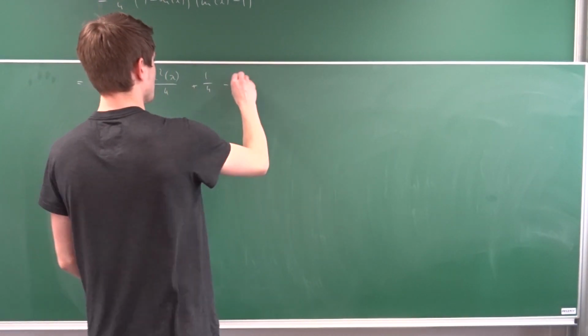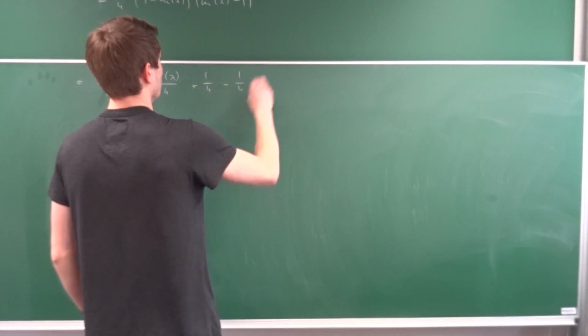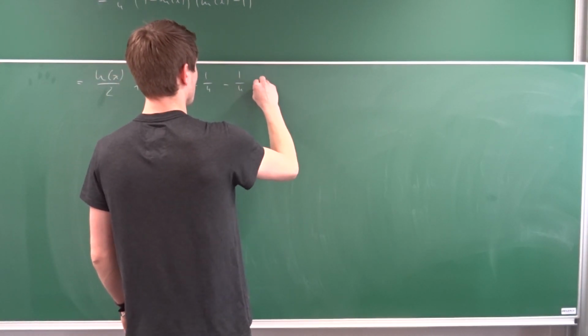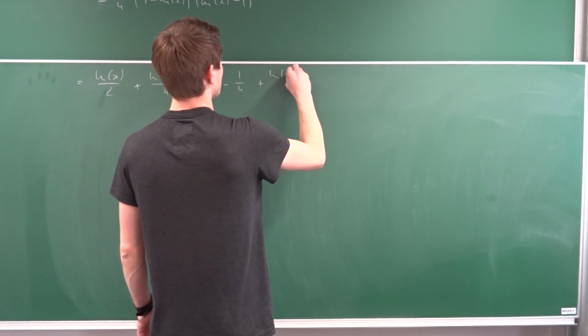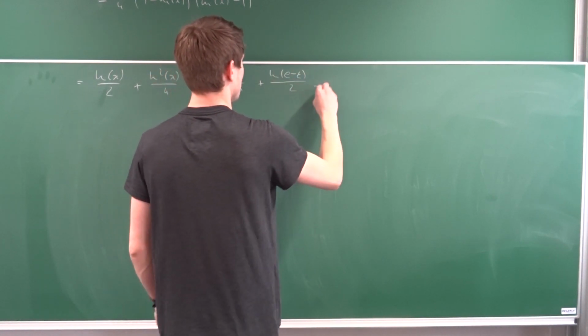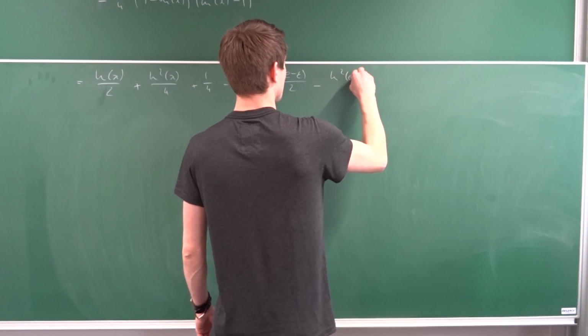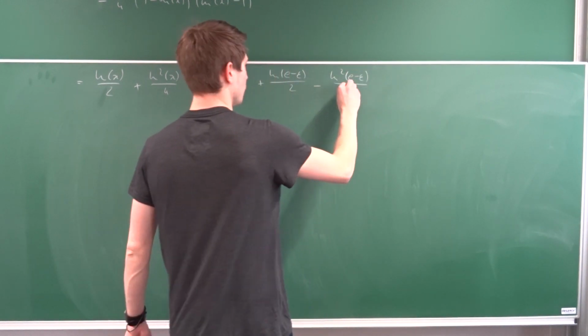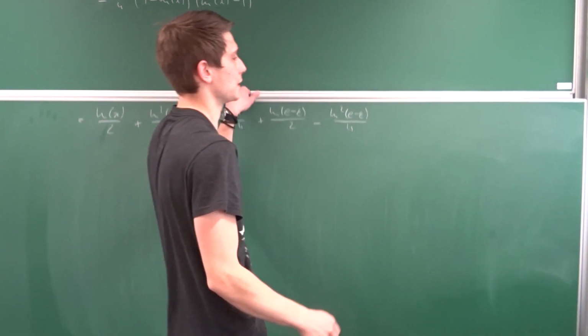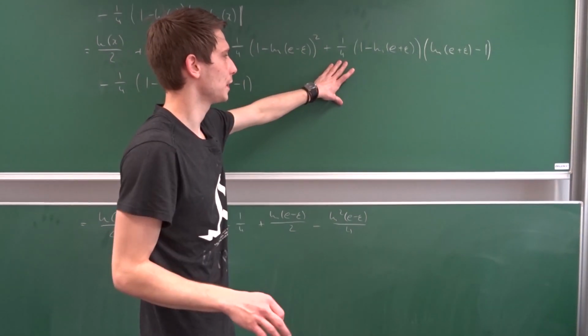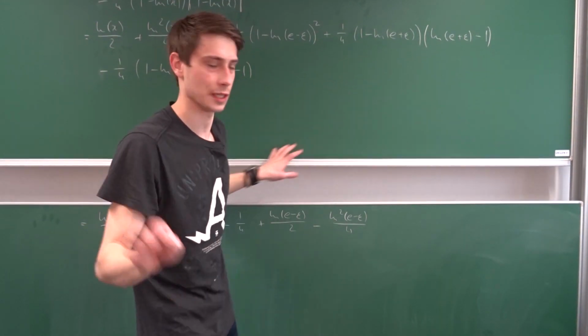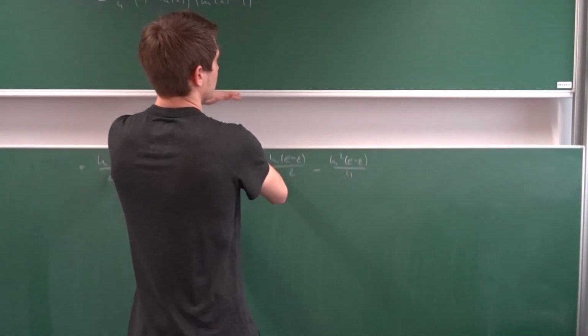Next thing, minus 1 over 4, and then positive ln e minus epsilon over 2, and negative ln squared e minus epsilon over 4. So for the next part, it's kind of the binomial formula. Just factor out a minus 1, and then this will get the job done.